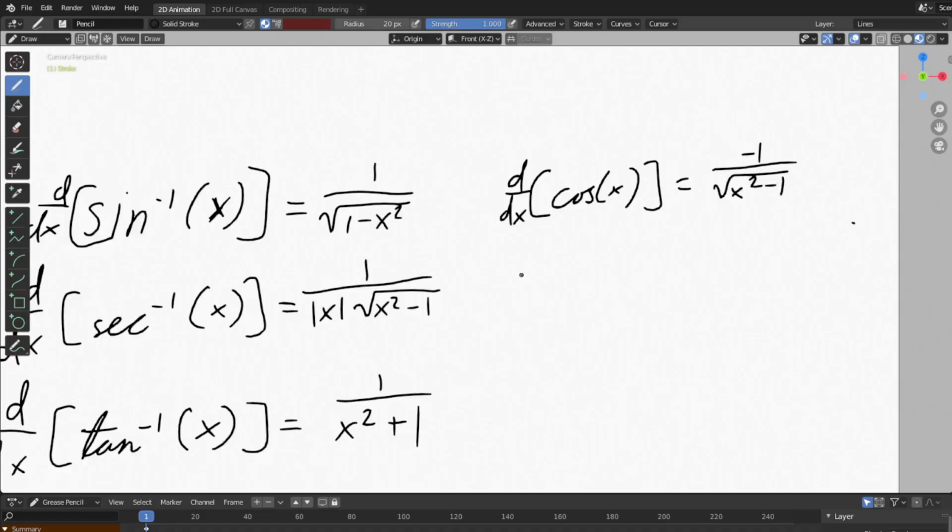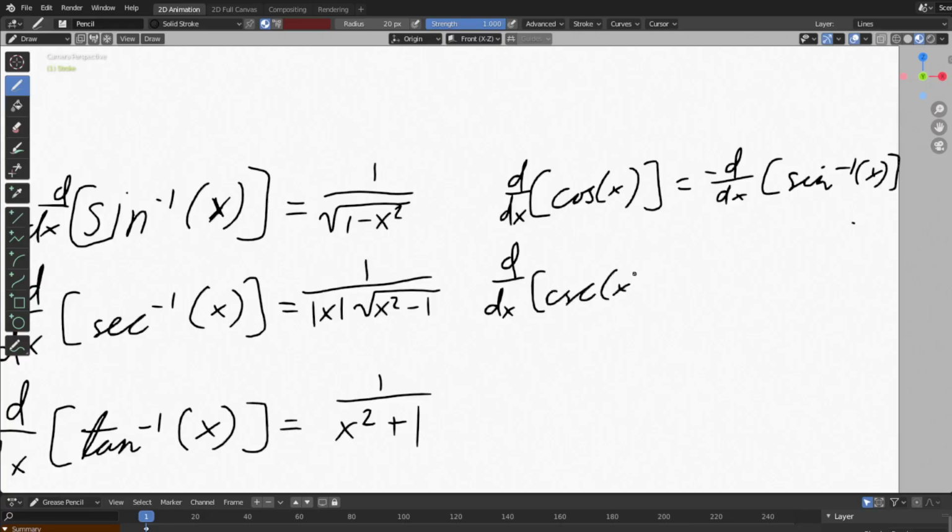Actually, I'm going to write this in a more efficient way. This is equal to negative d dx of arcsine. And the derivative of arccosecant equals negative d dx of arcsecant.